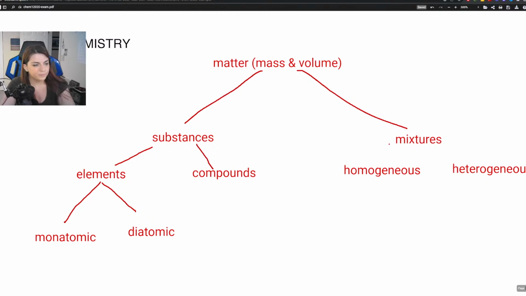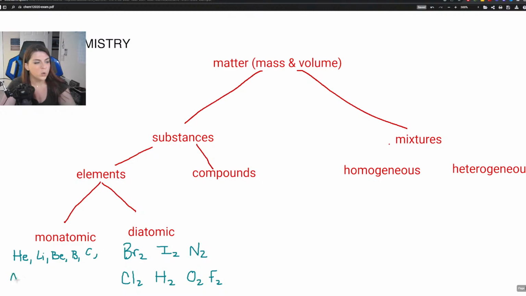That would be bromine, iodine, nitrogen, Brinkel, chlorine, Hoff, hydrogen, oxygen, and fluorine. Those are the diatomics. Monatomic is literally everything else on the periodic table. So that would be helium, lithium, beryllium, boron, carbon, not nitrogen, not oxygen, not fluorine, but then go over to neon, and then over to sodium, and everything except the diatomics. Okay?